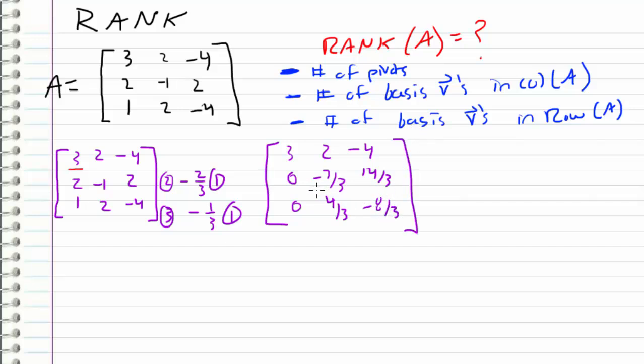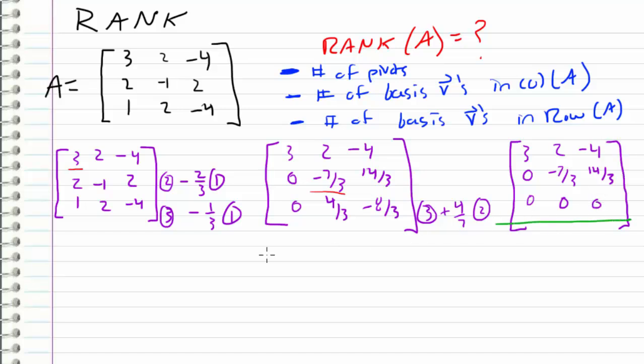And now I'm going to move on to the next pivot position, which is right here. So I'm going to take row 3, and I'm going to add 4/7 times row 2. And when I do this, I get the matrix 3, 2, negative 4, 0, negative 7/3, 14/3, 0, and then I have 4/3 plus a negative 4/3, which is 0, and then I have negative 8/3 plus 8/3, which is also 0.